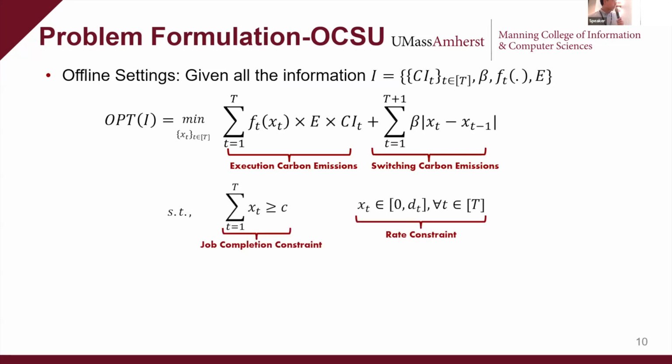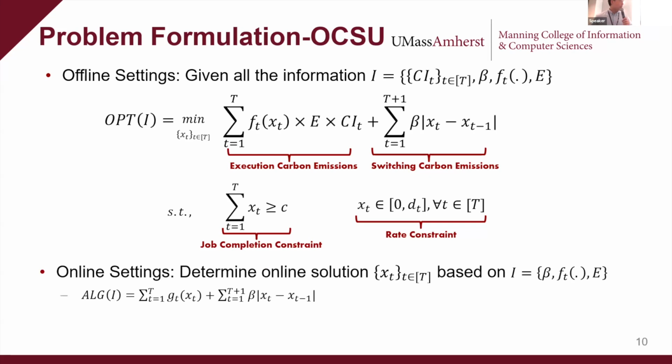And then as for constraints, we do need to finish the job xt over the time horizon, and also the amount that can be scheduled in each time period is capped by dt as a rate constraint. And there are some means to ensure that for job completion we can make sure the job is completed by the deadline t. So this is in the online setting, we determine xt in each time period without knowing the carbon intensity in each time slot.